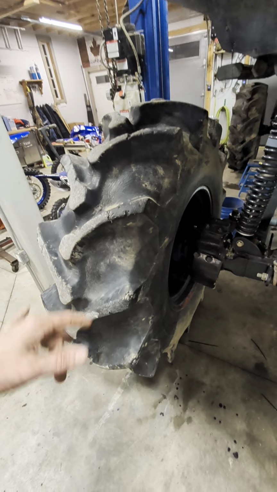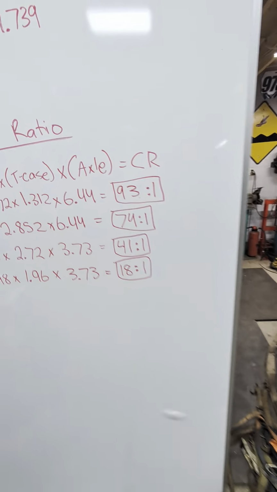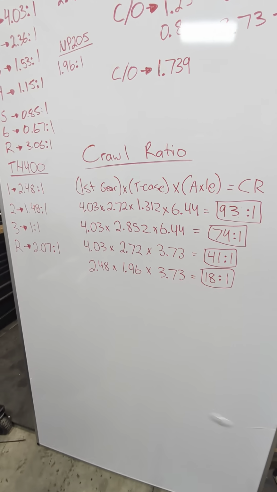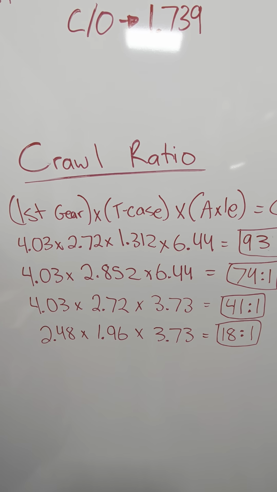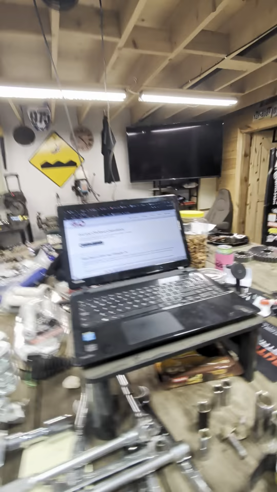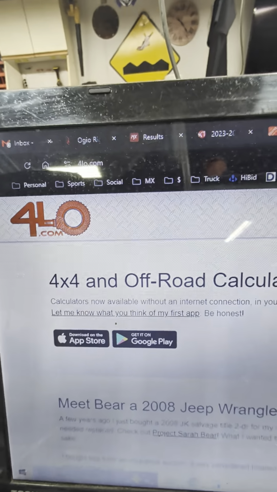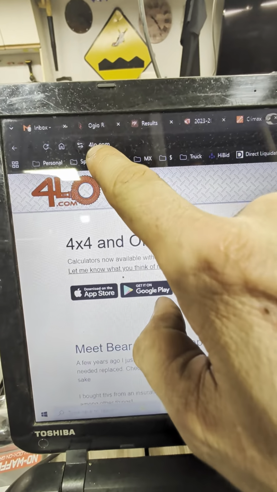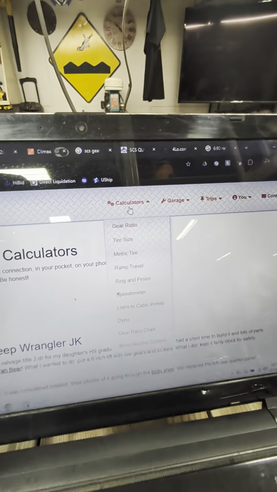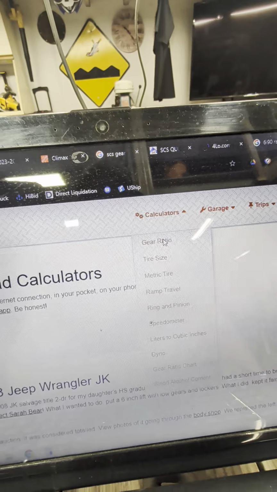So, trying to think what else I was going to say in this video about crawl ratio. An easy way that you can figure out your crawl ratio and some of your speeds is I use this website called 4lo.com. You go to the calculators section up here and click on gear ratio.